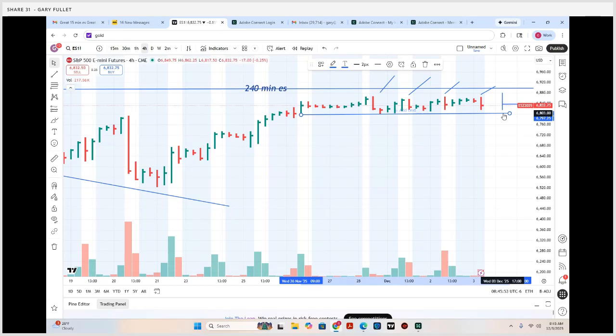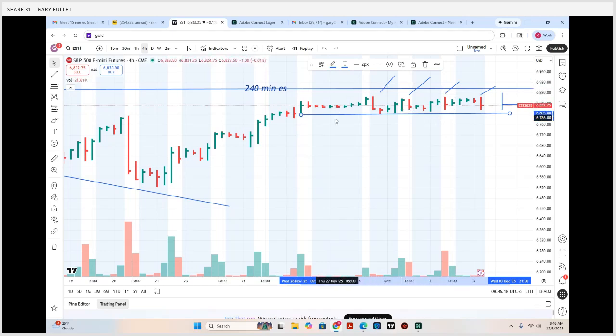So as you go to lower time frames, it shows up more because you have more bars that go on. This reaction bar should lead to new highs, but it's not.